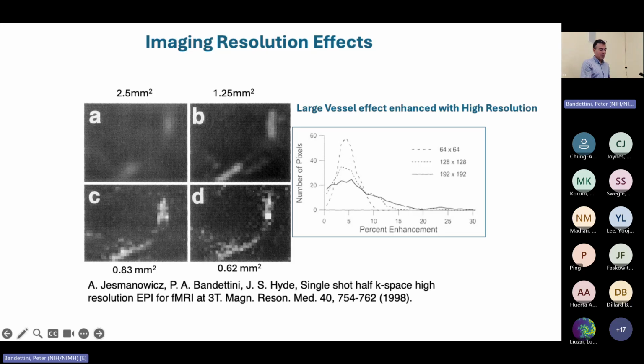And what we found, looking at the histogram of percent signal change versus number of voxels, is that at low resolution you have all of them pretty much averaging out to about 5% signal change. But if you go to really high resolution, then you have fewer of those, but a lot more of these 25 to 30% signal changes, because you happen to be filling your voxels completely with blood. So that's just a point I want to bring out there.